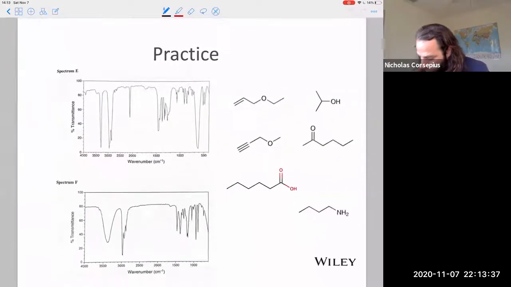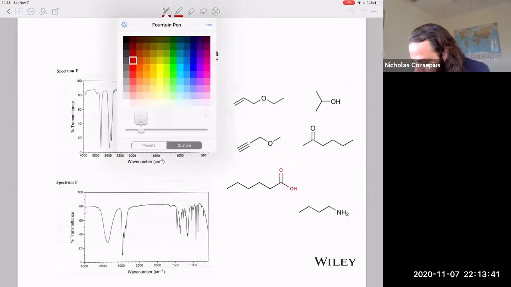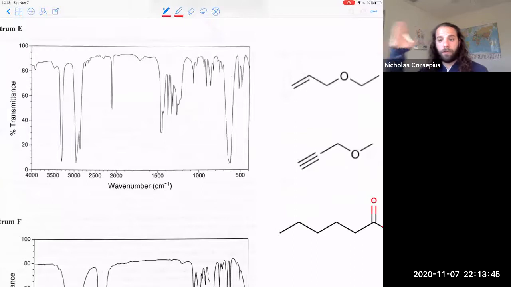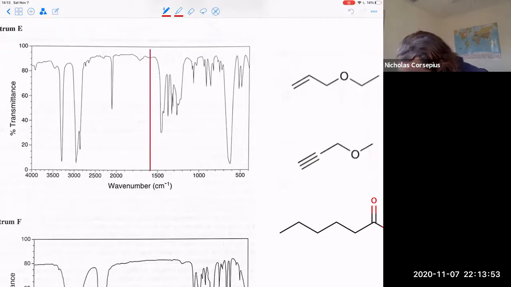All right, so then the last ones here, let's see if we can figure these out. What am I going to do? Hopefully we got the name of the game down, right? Go through and cut up your spectra into its different portions. Here's 1600 to 1850, and then 2100 to 2300.